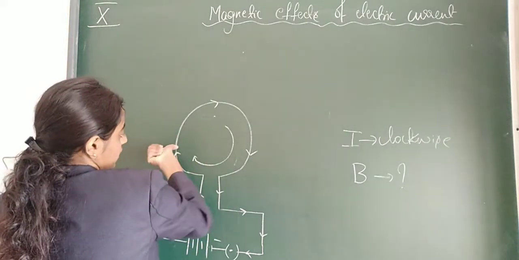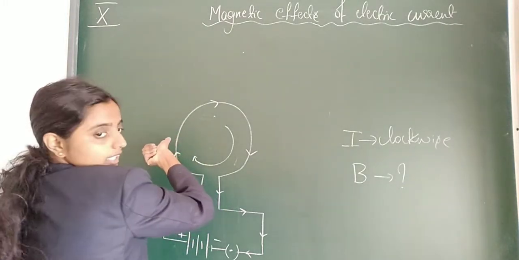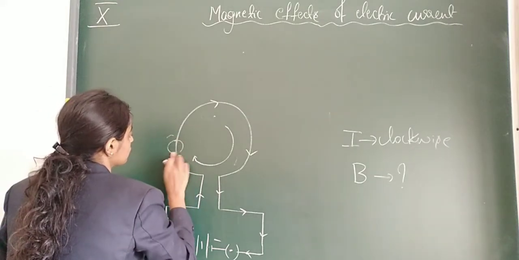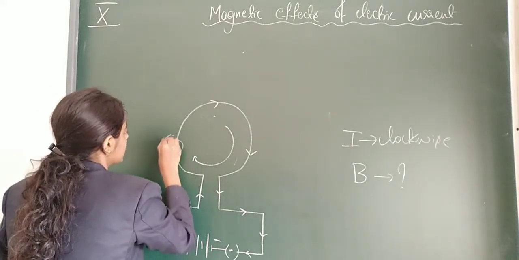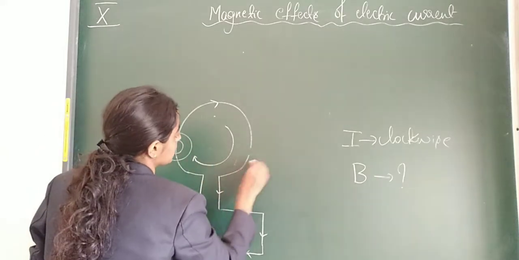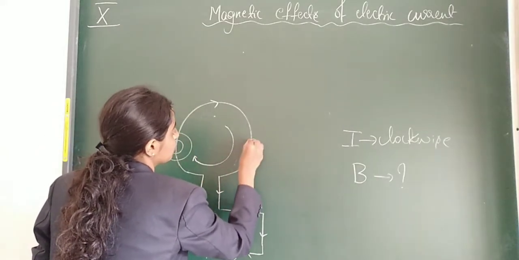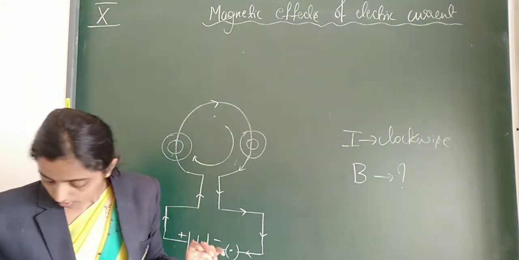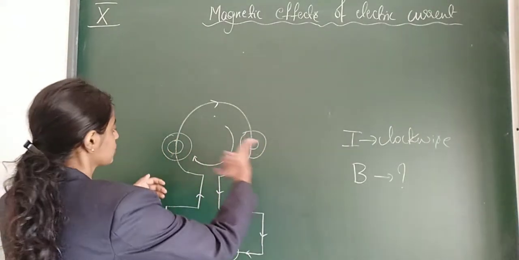Then we will fold like this. That means we know the magnetic field lines we will get in such a way on both sides. This is our magnetic field lines. Let us see how we will get them.